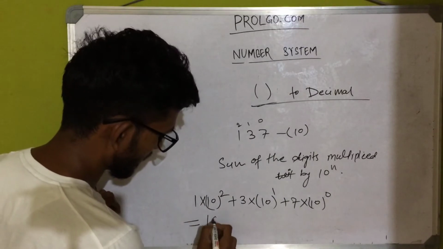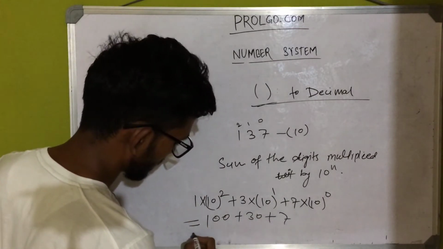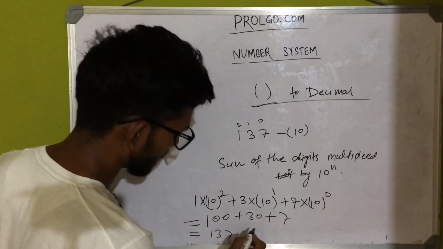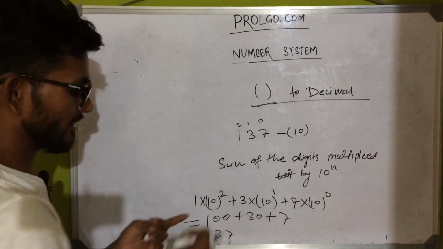So it will be 100 plus 30 plus 7, that is 137. This is how 137 has been formed.